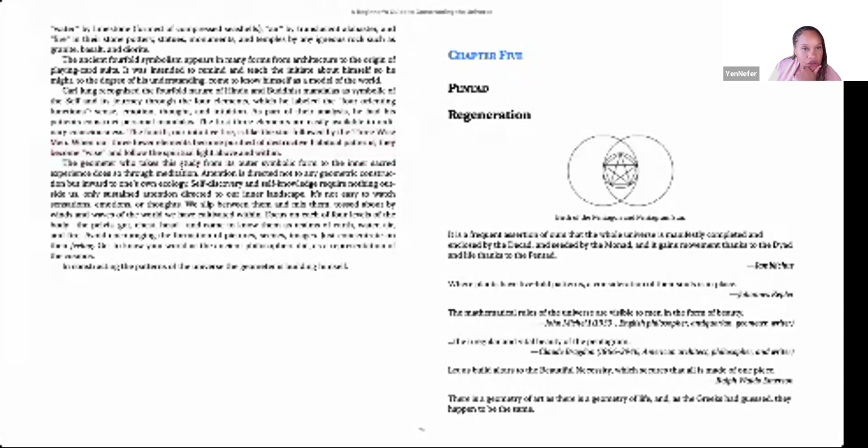The geometer who takes this study from its outer symbolic form to the inner sacred experience does so through meditation. Attention is directed not to any geometric construction, but inward to one's own ecology. Self-discovery and self-knowledge require nothing outside us, only sustained attention directed to our inner landscape.